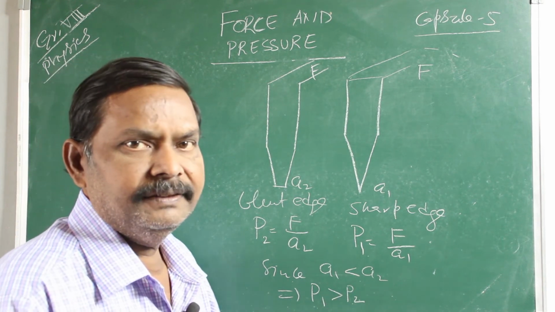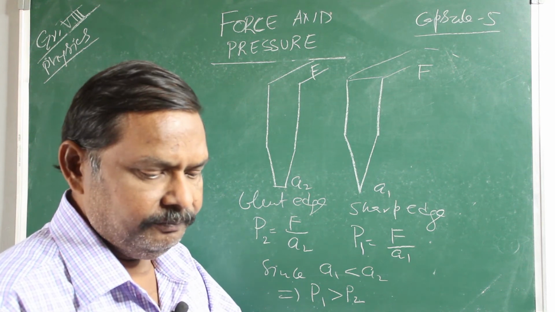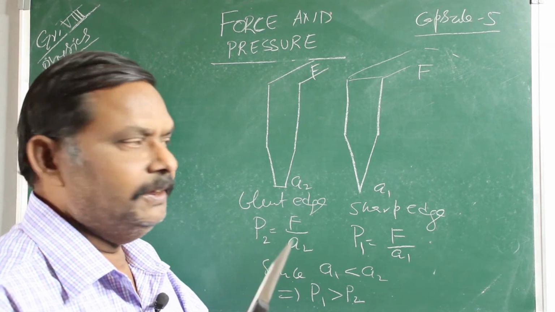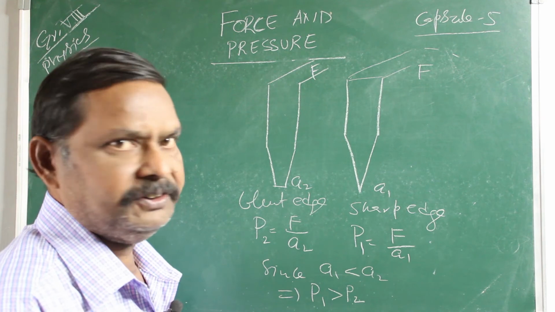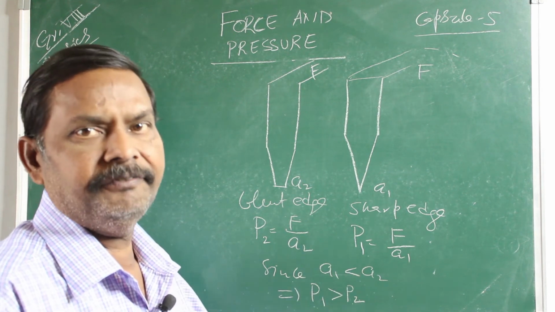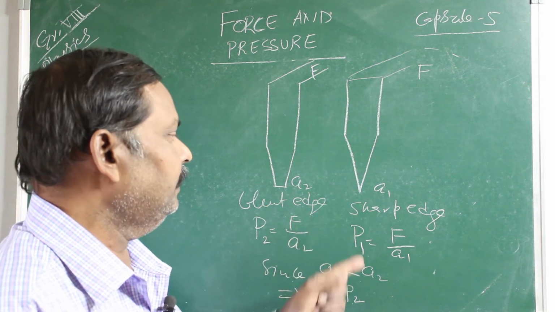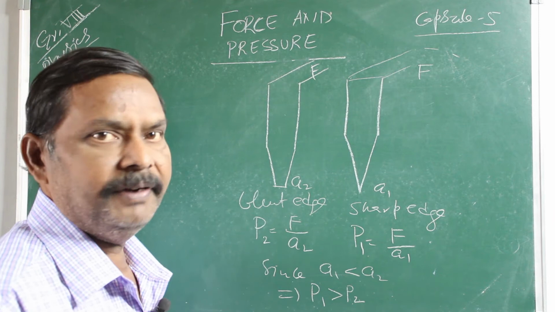Even if you apply the same force on the knife using the sharp edge or the blunt edge, the force is the same, but because of the difference in the area of cross sections, the pressure will be different. So you can apply more and more pressure by taking the sharp edge than the blunt edge.